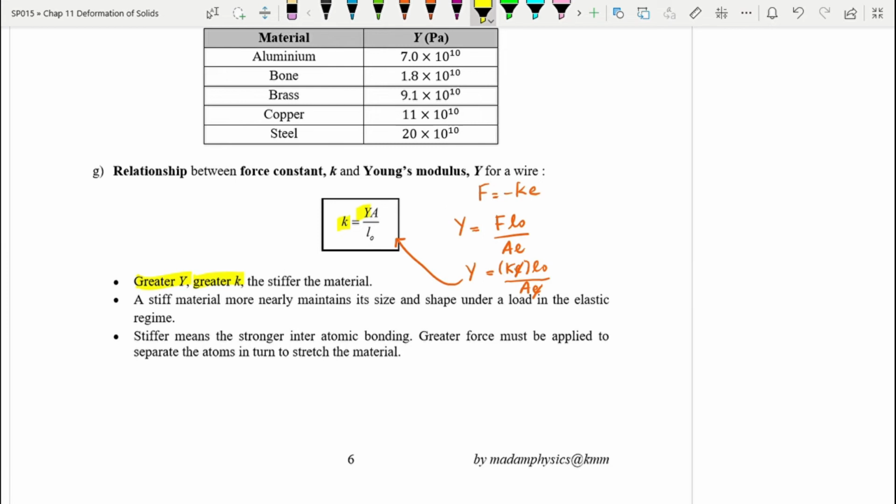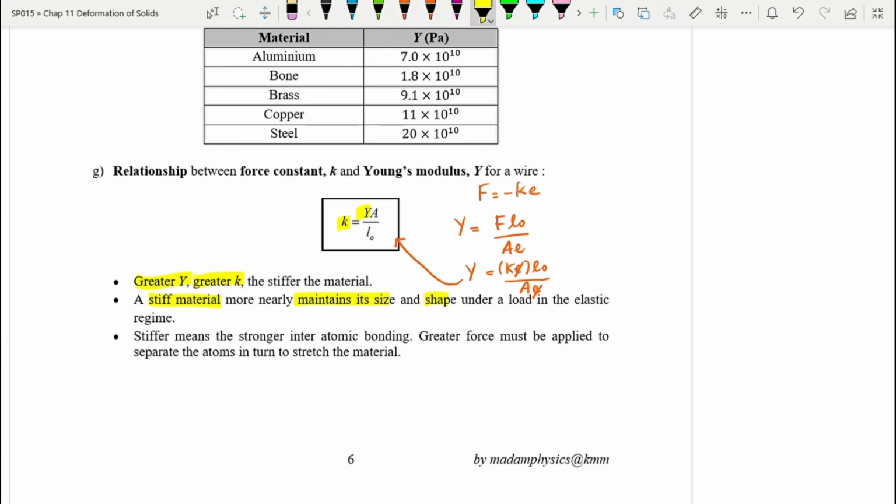Okay. So, apa maksud stiffer material ni? So, usually stiffer material ni tends to maintain its size and shape even kita apply load ataupun force. Okay, dia akan tend to maintain its shape and size, its original length, unless the force is very, very high.